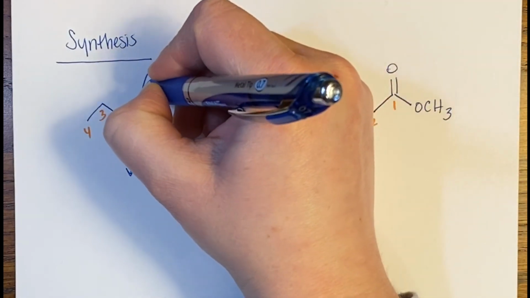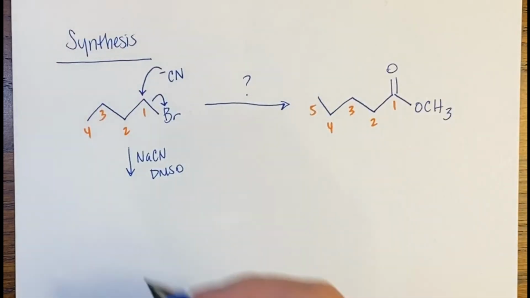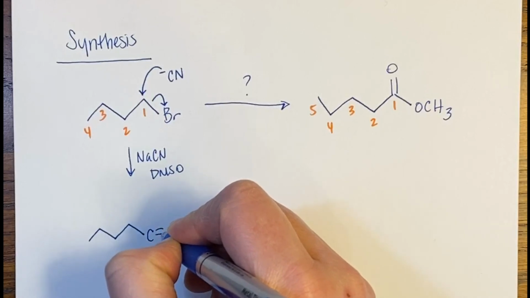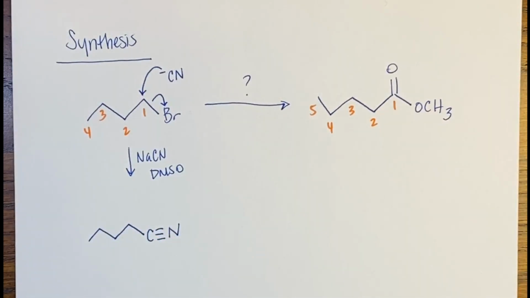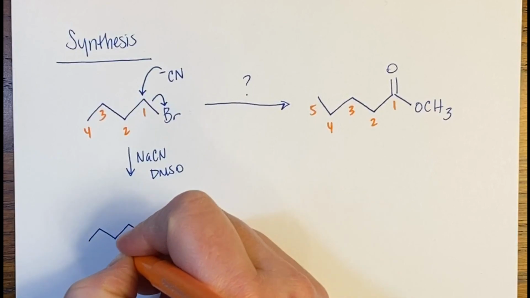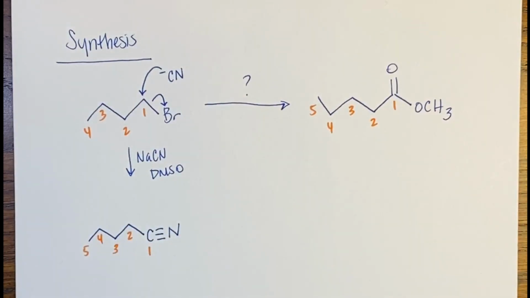My cyanide ion will attack at carbon number 1, displace that bromide, and I will make this compound. And remember that this compound has 1, 2, 3, 4, 5 carbons now.